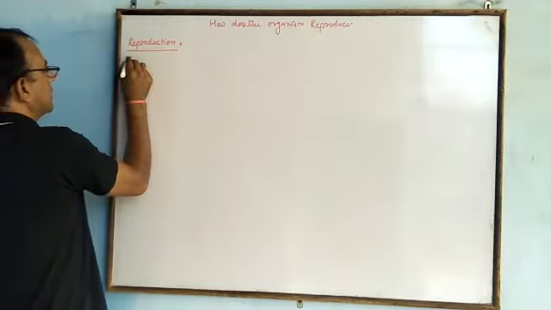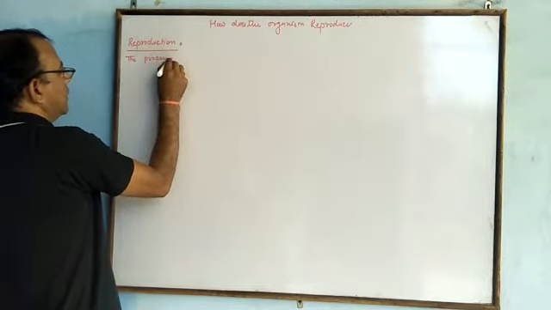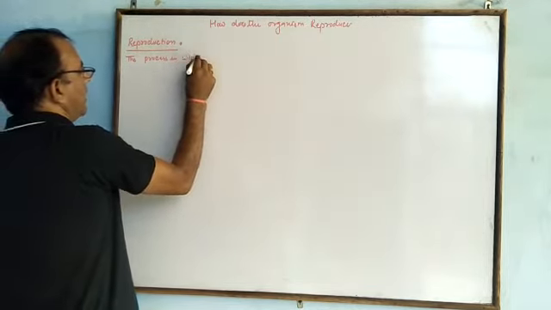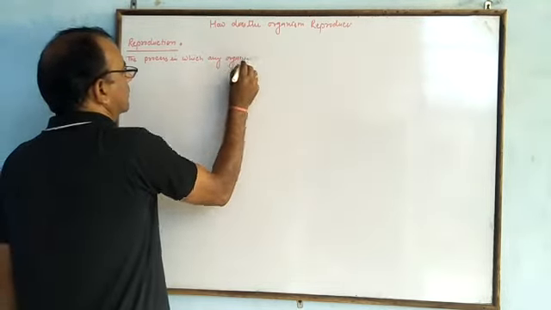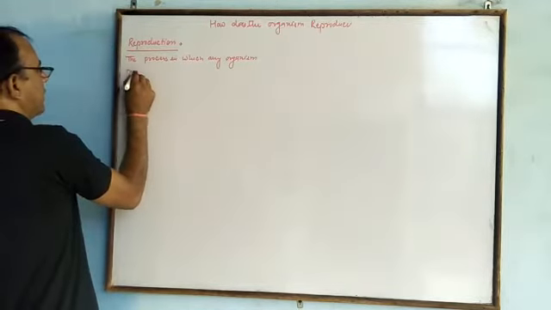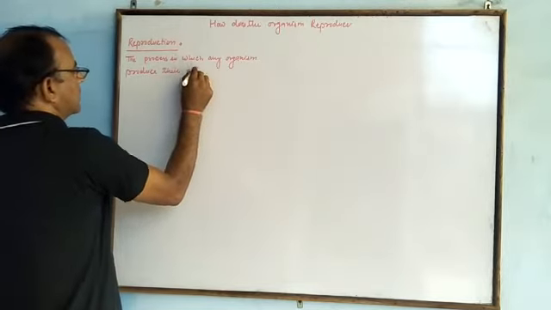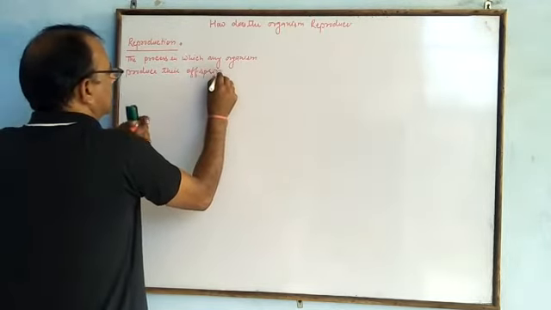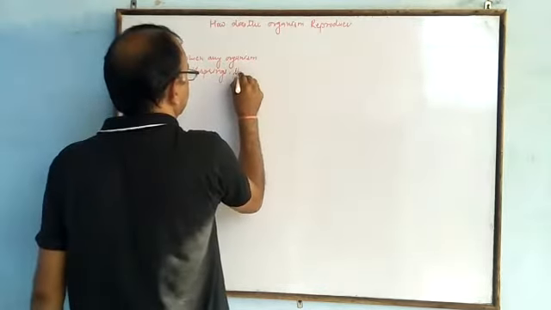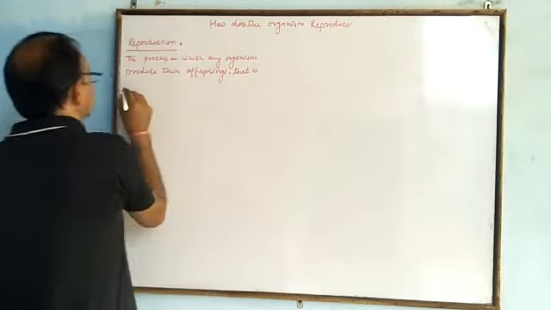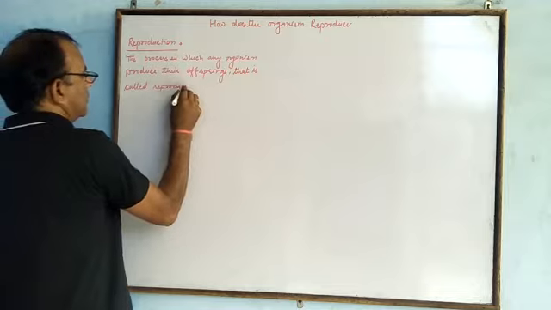The process in which any organism produces their offsprings, young ones, that is called reproduction.